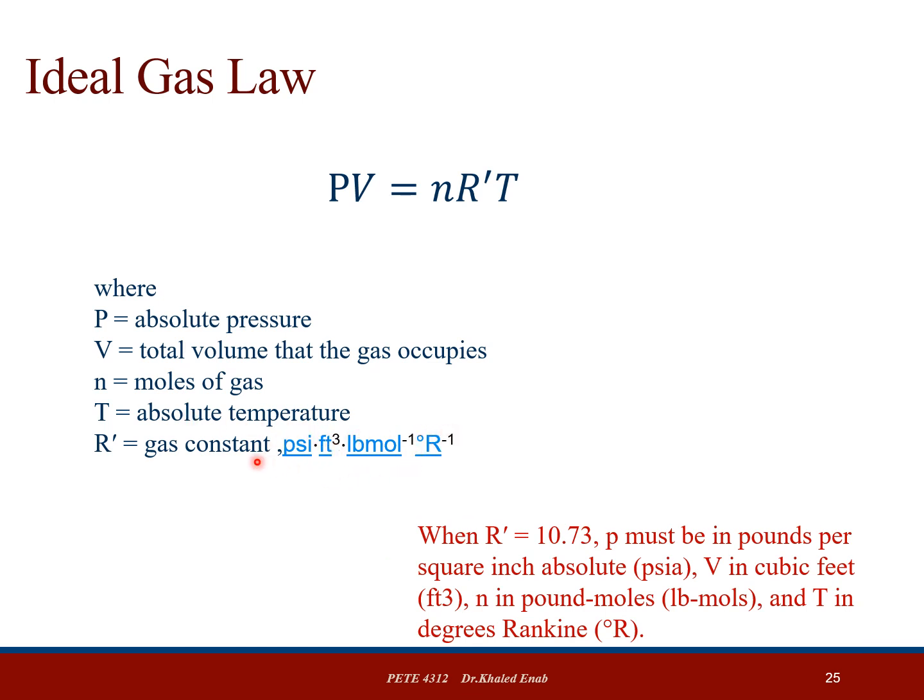If you're using 10.73, you have to make sure you are using those units. If you're changing the units, you need to pick another gas constant value. So it's 10.73, and P must be in pounds per square inch absolute, psia, V in cubic feet, n in pound moles, T in degrees Rankine.